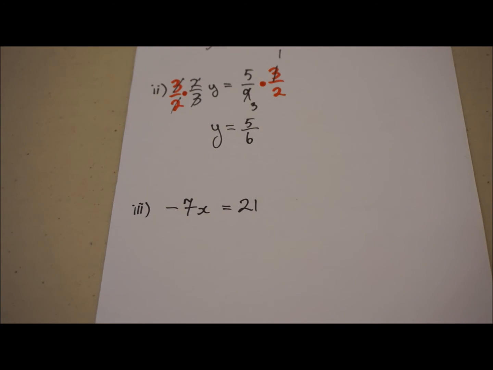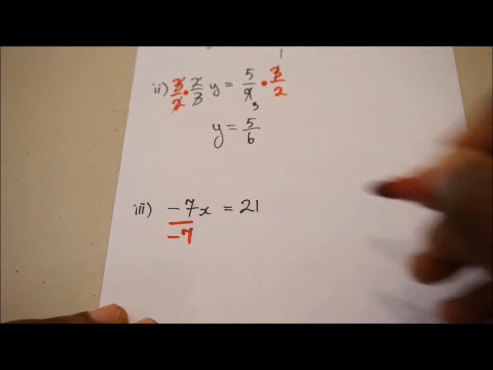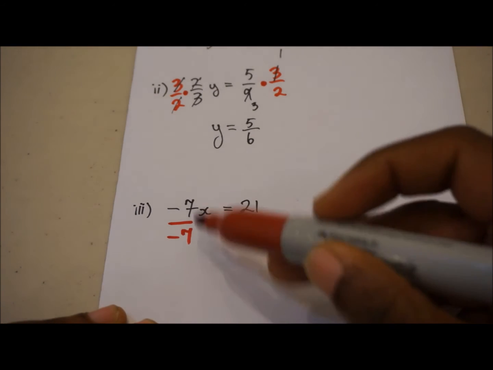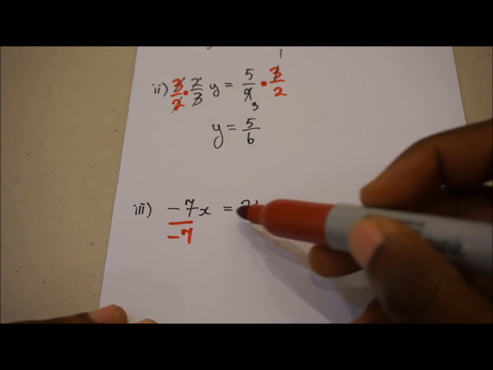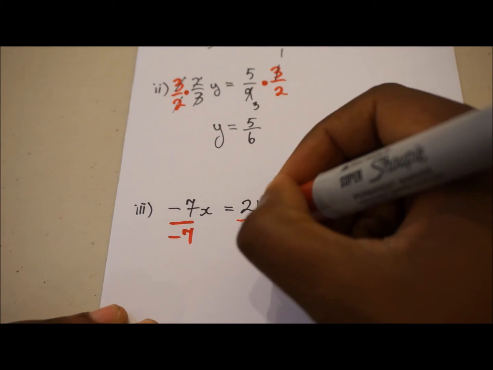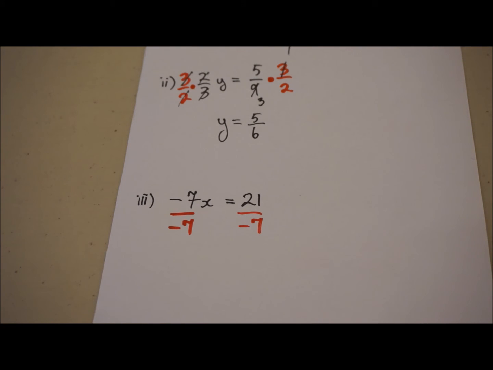So since this -7 is multiplied to the x, I need to get rid of it. To get rid of this -7, I need to divide by -7, since division is the opposite of multiplication. To keep my problem the same, I do exactly the same thing on the other side of the problem. Divide by -7 also.